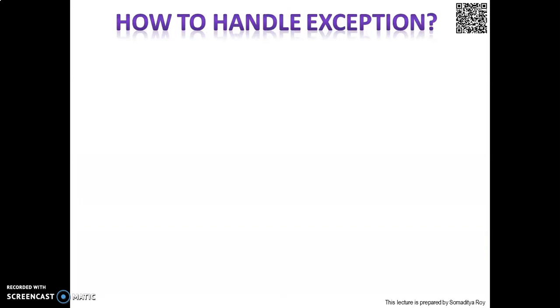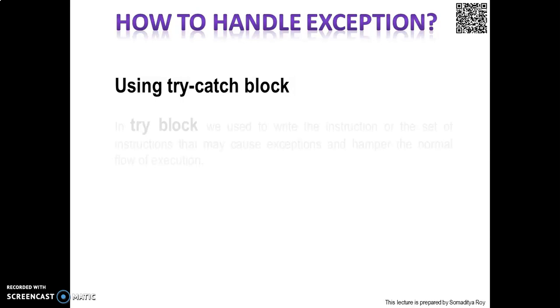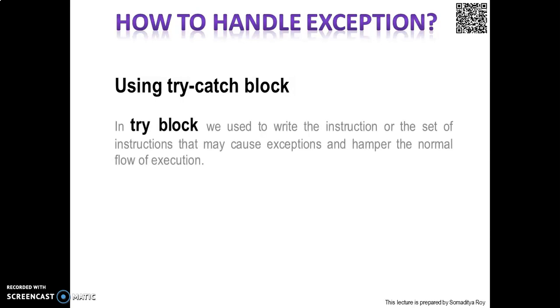Now, how do we handle that exception? The very quick answer is the try-catch block. So what are the try and catch blocks? As of now, we can see that there are some instructions which may lead to an exception, just like anything divided by 0.